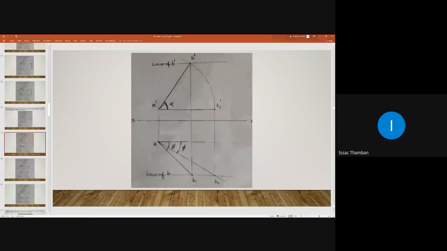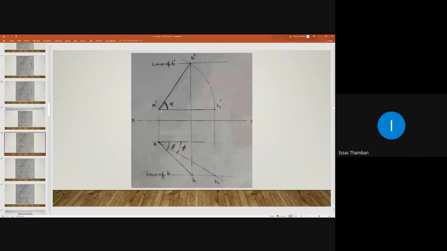And with A dash as center, draw an arc like this and intersect this horizontal line at point B1 dash. Do it. You are making line A dash B dash parallel to VP by drawing this arc. Do it.